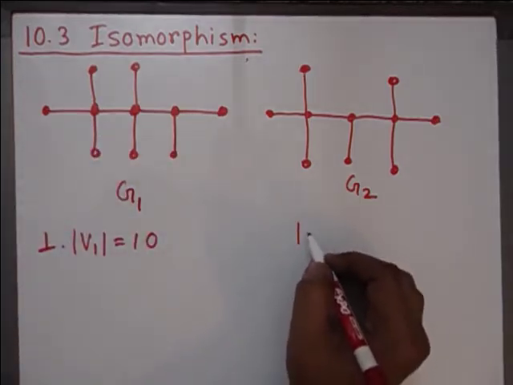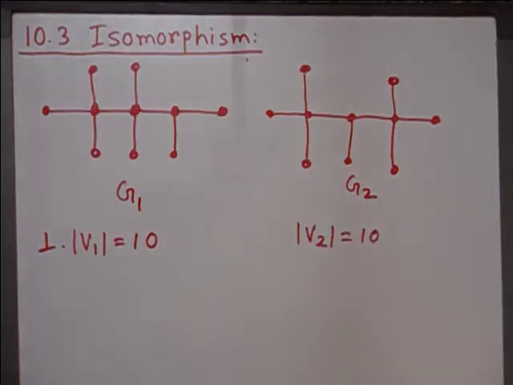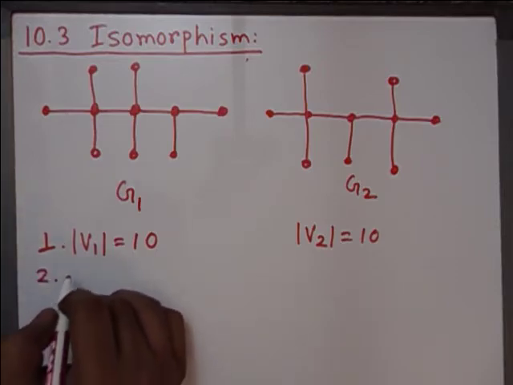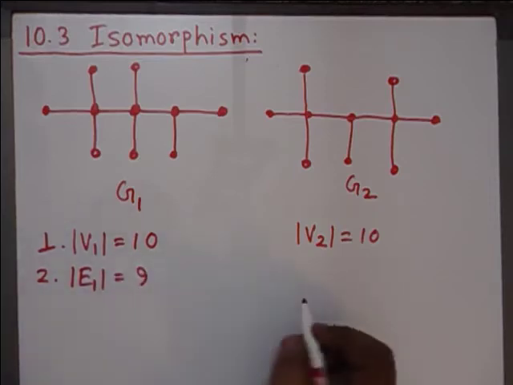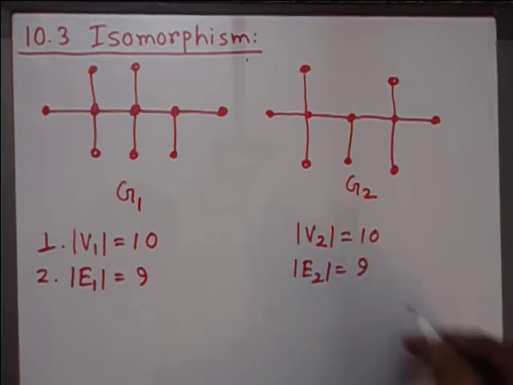How many vertices are here? 10. Next, number of edges. How many edges are there? 9. Here, 9. So far they are all the same.